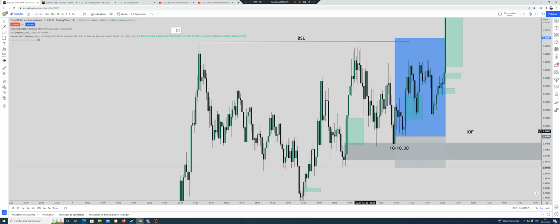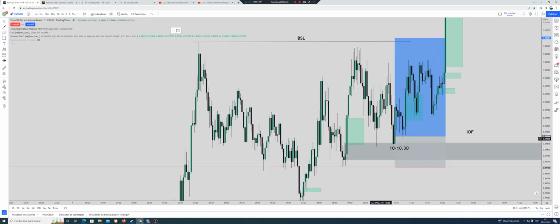When I see a fair value gap being respected like that, I can expect price, if it comes back to that area, to respect it again and go up to take that buy side liquidity, because price is respecting the institutional order flow the market is giving.